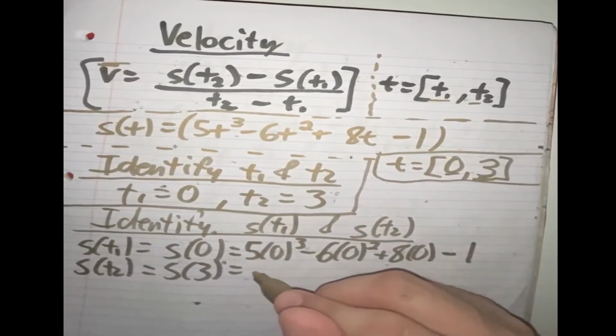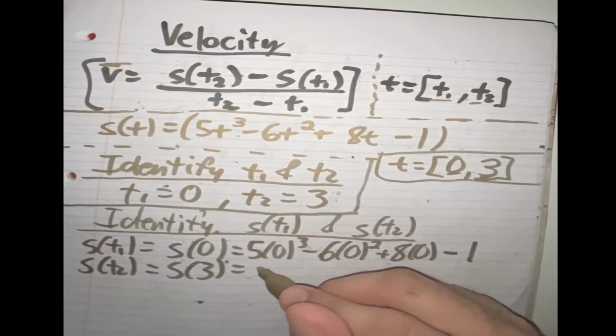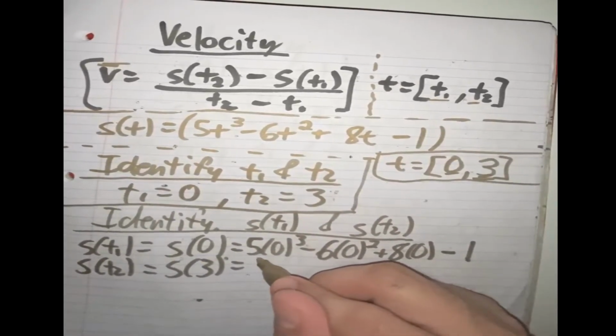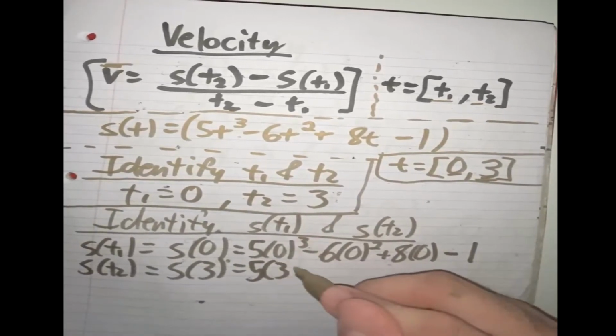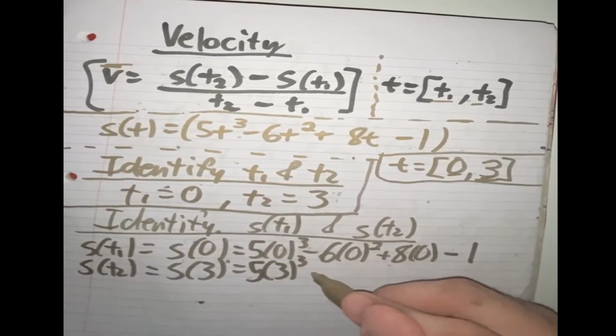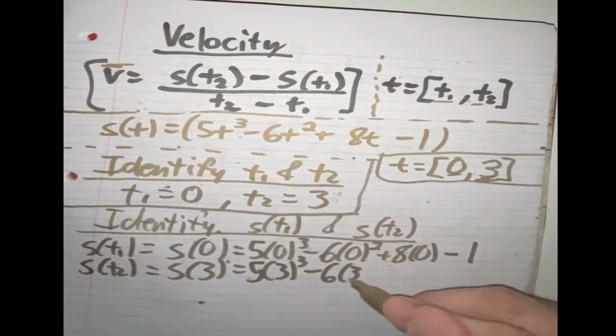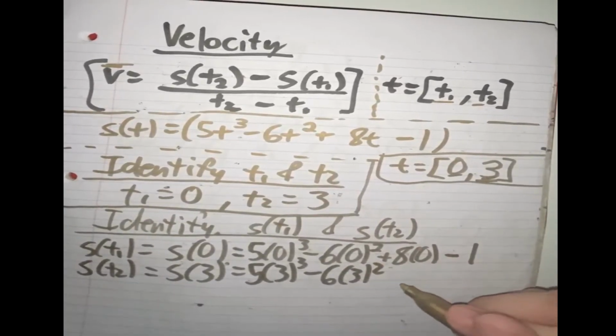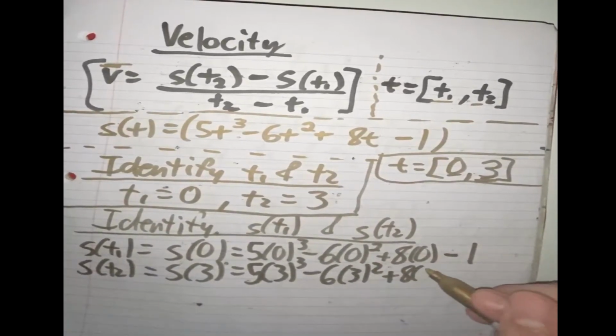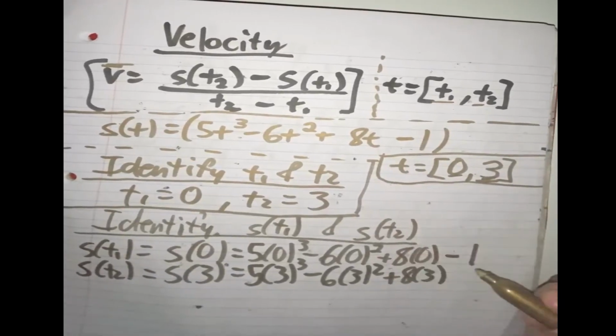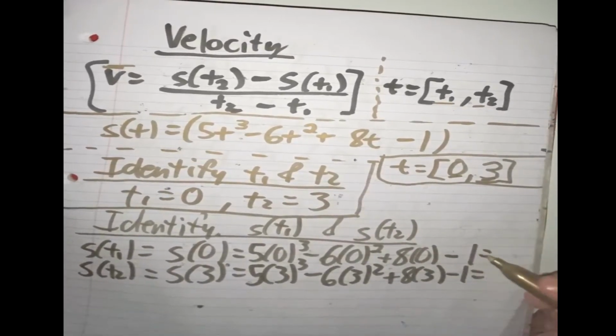And for the lower one, we're going to plug in 3. So 5 times 3 raised to the third power, minus 6 times 3 raised to the second power, plus 8 times 3, 8 times t, minus 1.